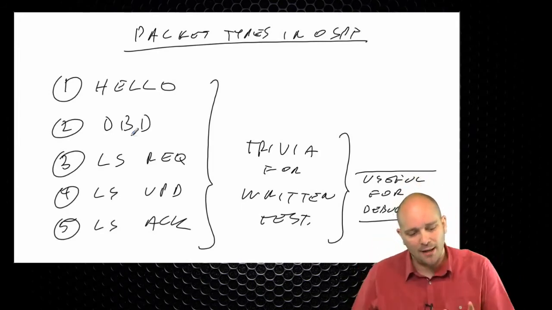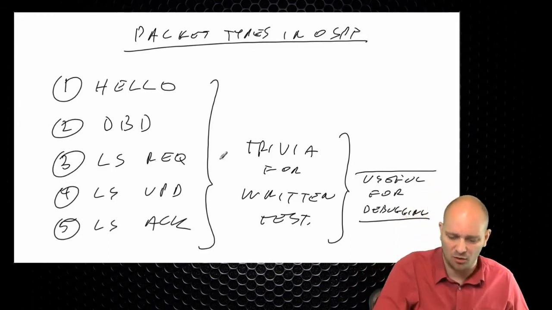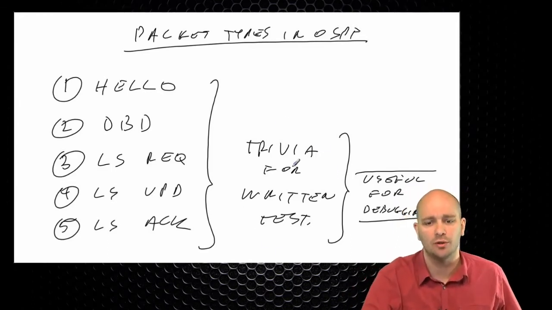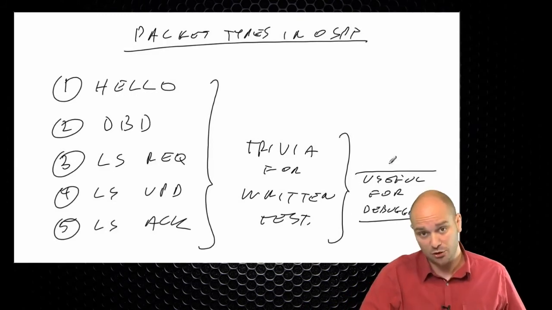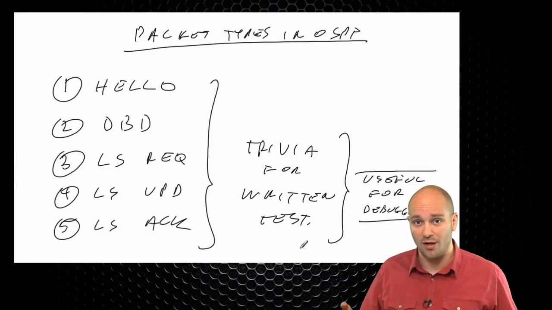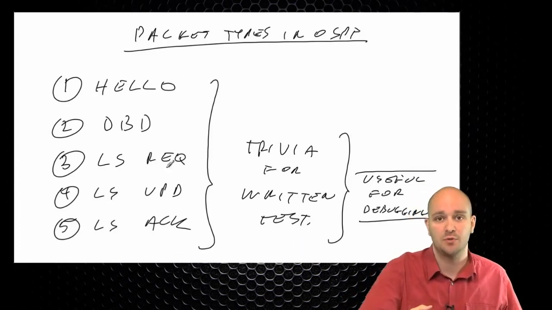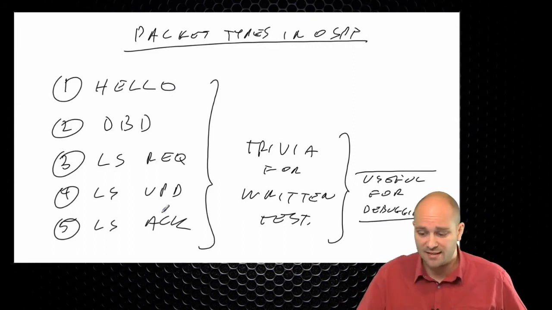So this is why I disagree with the statement that, oh, this is just a trivia. Why would anyone need to know this? Well, if you want to be good at troubleshooting, if you want to be able to debug information and see what is going on in your network, it's very, very important to understand what these different packet types do and what is the information that is carried there.